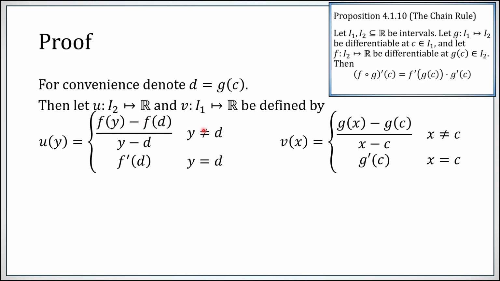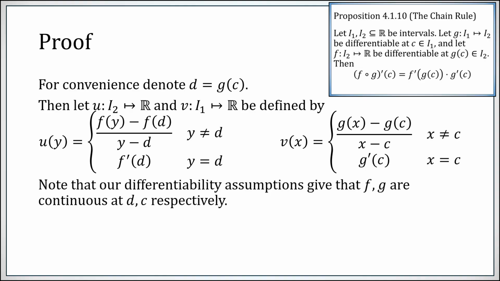Now that can't be done when y equals d. However, d, aka g of c, is exactly the point where we assumed f has a derivative. Similarly, v is the slope of the secant line connecting c, g of c to x, g of x. We can't do that when x is equal to c, but that's exactly where we assumed this derivative exists.